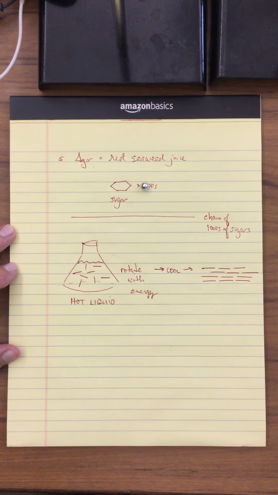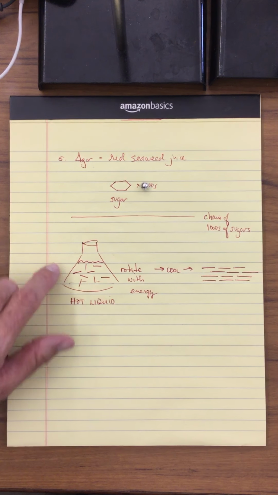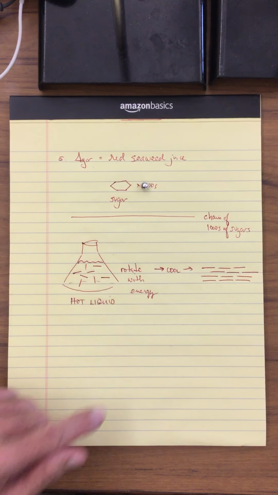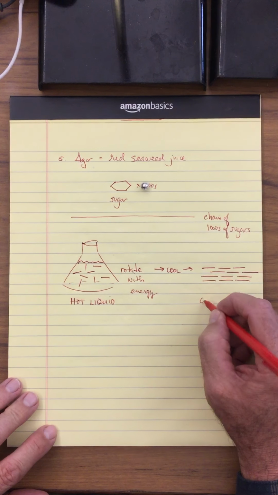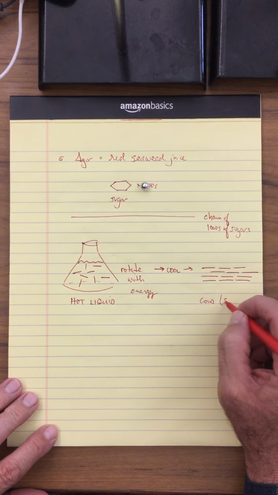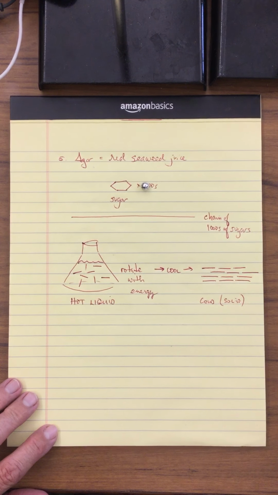It looks something like this. So when it's hot, it's a liquid and it rotates. When it's cold, these molecules lose their energy and they actually lay down flat in these layers. So this is when it's cold, and when it's cold, it becomes a solid. When it's hot, it's a liquid. When it's cold, it becomes a solid.